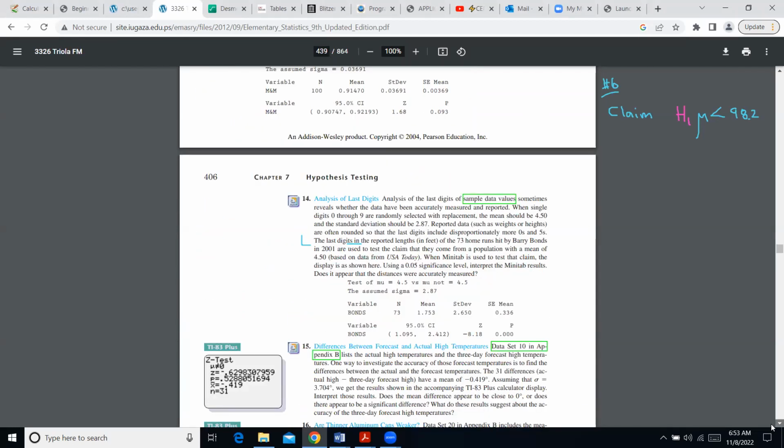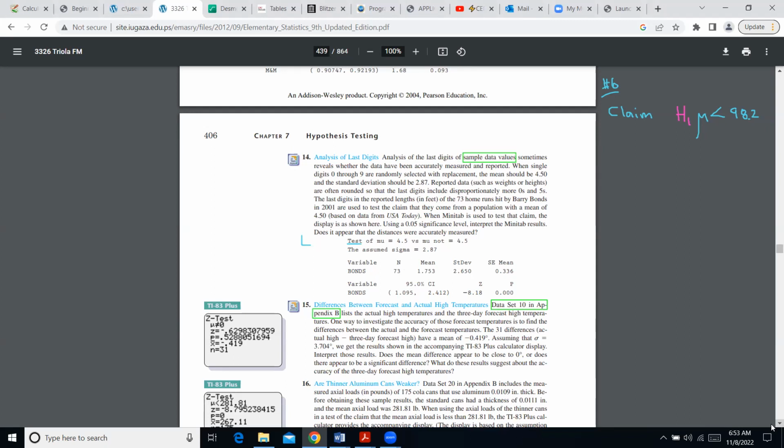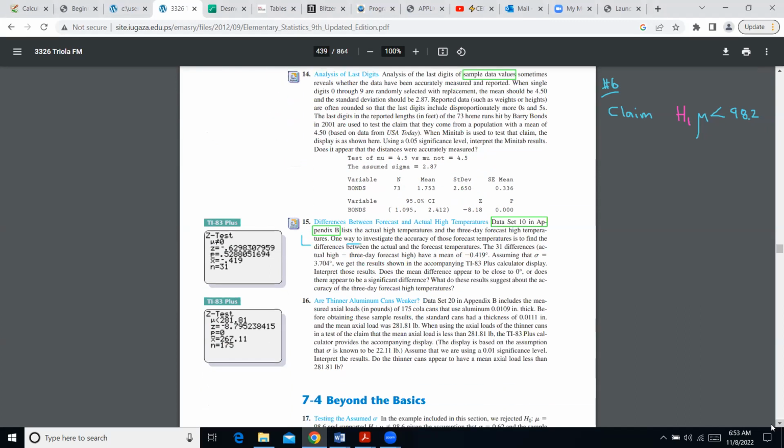So let me see, how about exercise number 15? So they want to compare the forecasts for high temperatures in here.